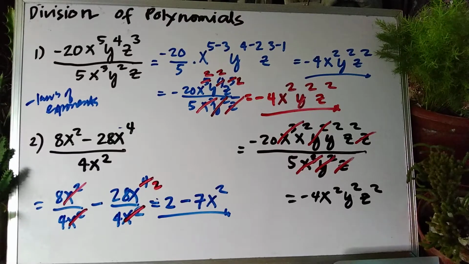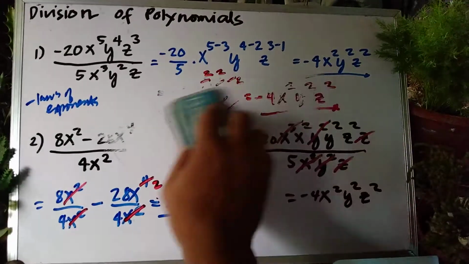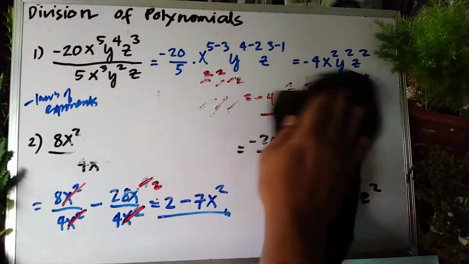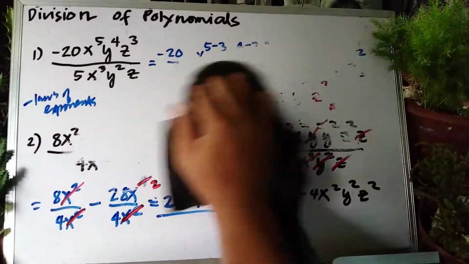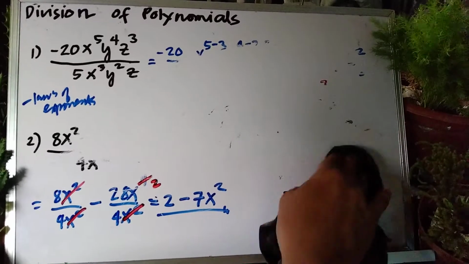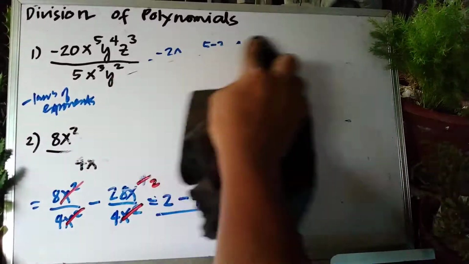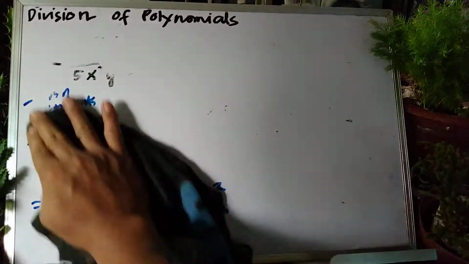Okay. I hope you've learned something. So, I will give you another example in the division of polynomials. I really hope, depende yan sa inyo, yung example number 1 natin again, a division of a monomial by a monomial.